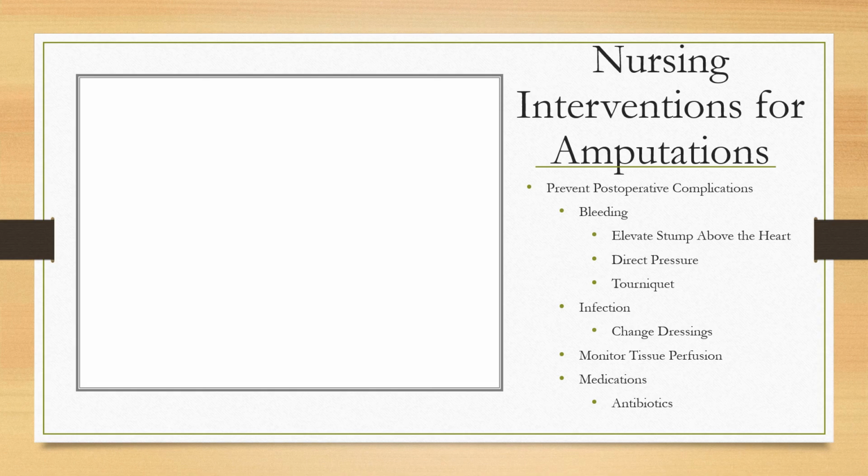So an amputation is done. Say someone has diabetes or atherosclerosis and a blocked artery. They have to go high enough up the limb, say we're talking about the leg, to make sure that there's good remaining blood supply to the stump, right?